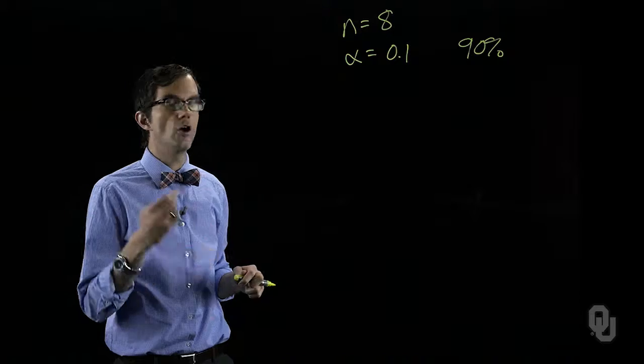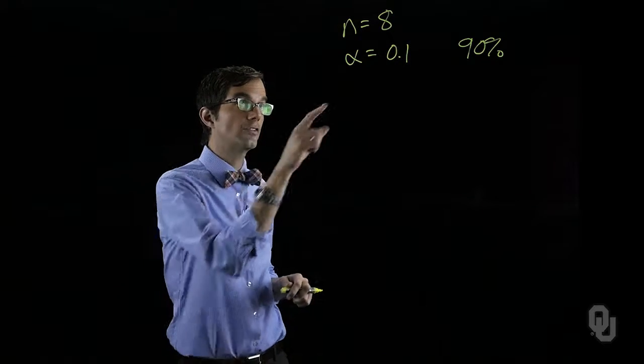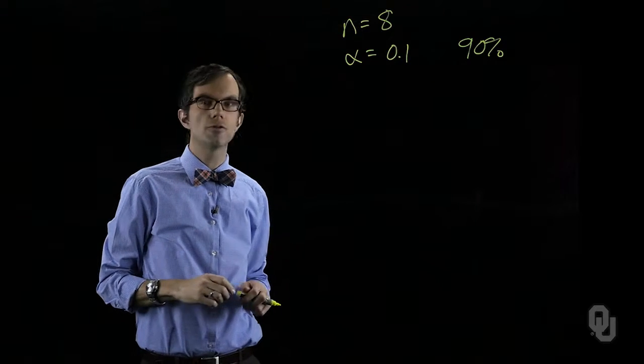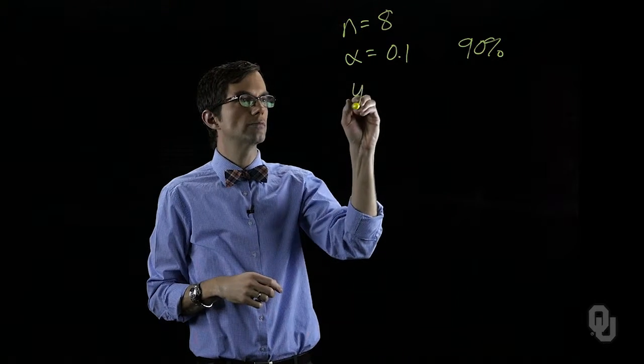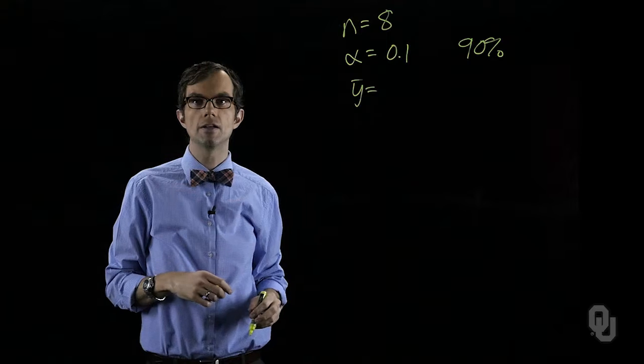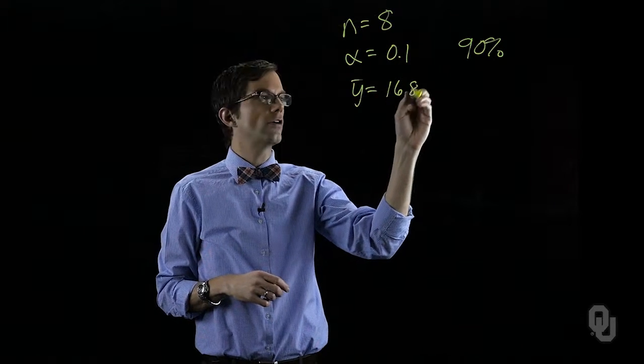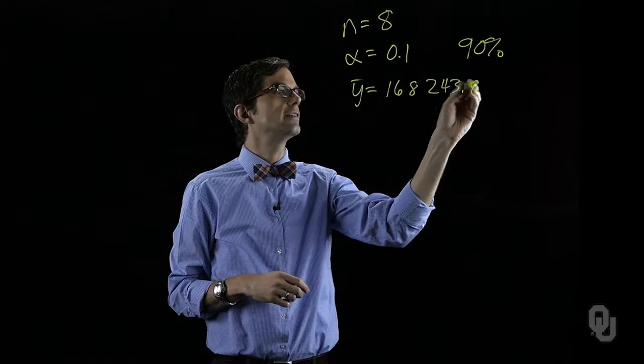So we go back to our data set for those 8 outages in the Gulf region. We want to find y bar. We use that average function in Excel again, and we get this time 168,243.8 customers.